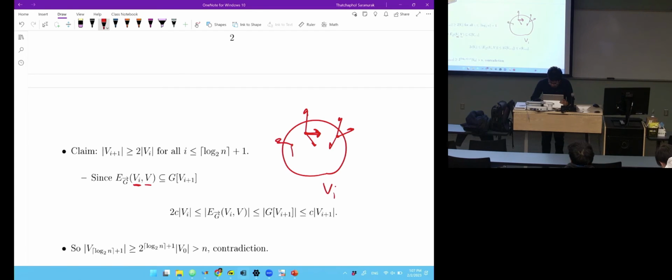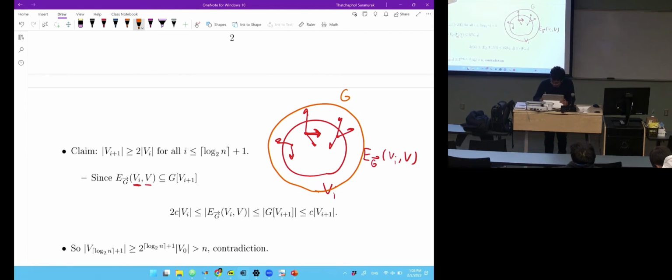So this is my set E of V_i, going out from V_i to any node. My claim is that if you look at this set, all the red edges here will be inside the graph induced by V_{i+1}, the orange circle.